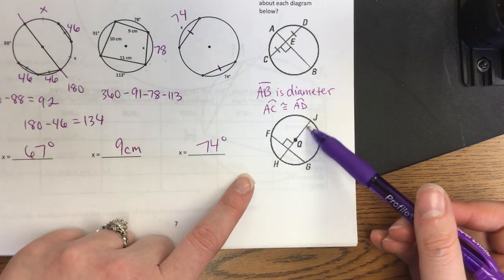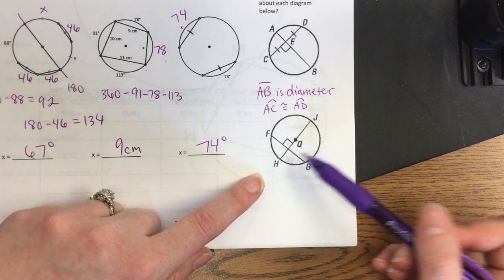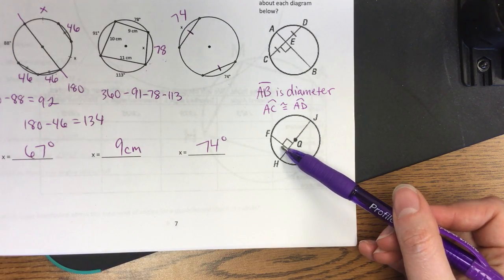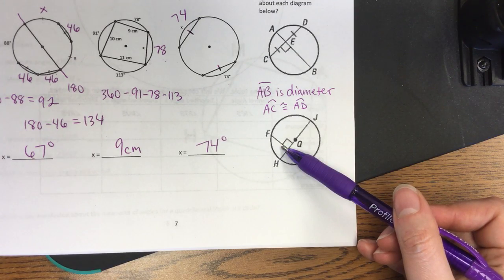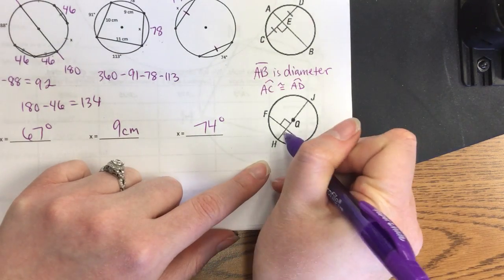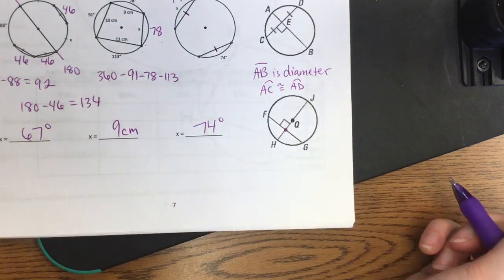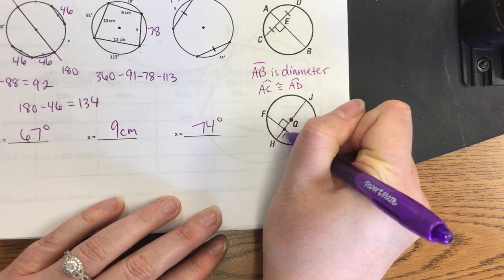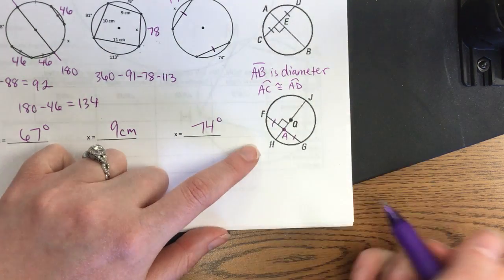All right, so this one, I know that this is a diameter, so therefore I have two congruent sections here. I wish I would have put a center here. If we put a center here, we'll just call it A. All right, so then I know these are being bisected.